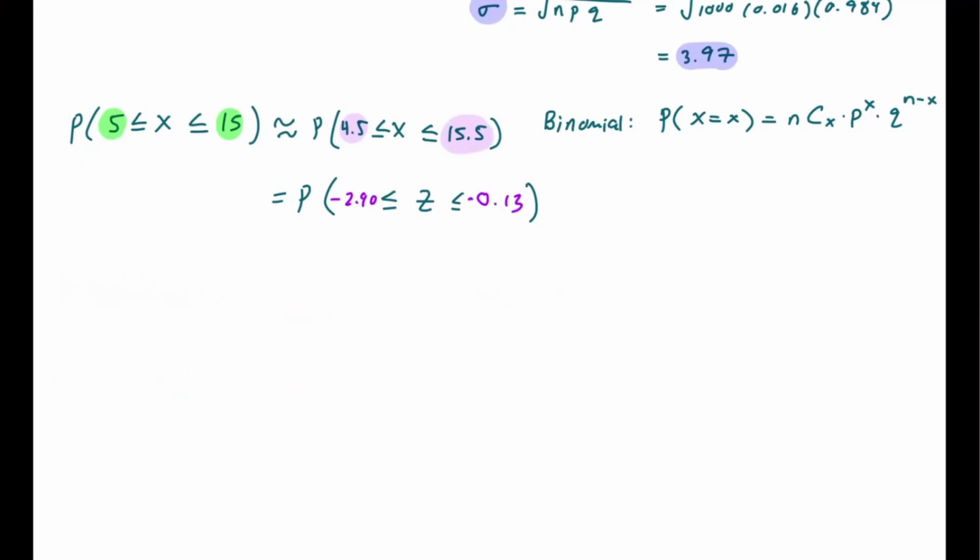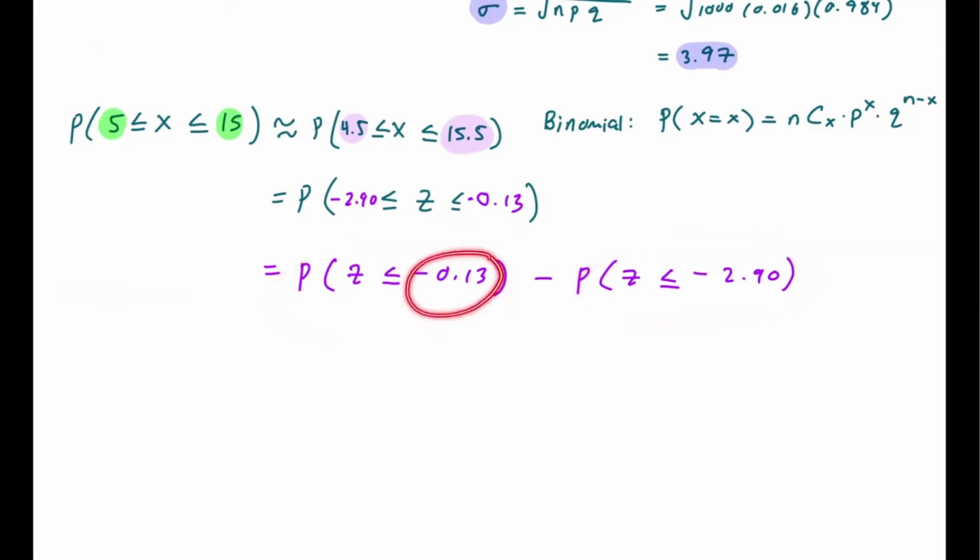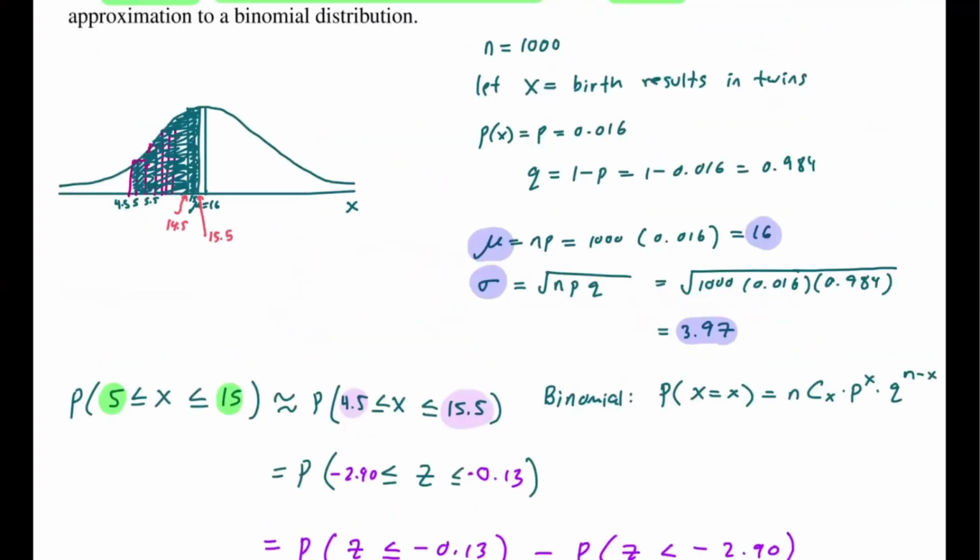So remember, we need to find the probability or the area between these z values using the z-score table. But first, let's simplify this. So what this statement means is that this is the probability z is less than or equal to negative 0.13, because that's the greater z value, minus the probability that z is less than or equal to negative 2.90. Now, why is that? Why do we take this and take away the area of this? Well, here's why. Negative 0.13 is the z-score for this value.